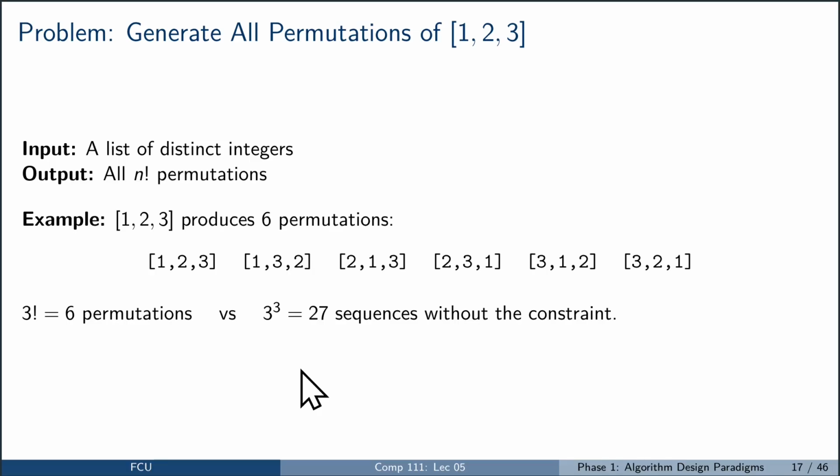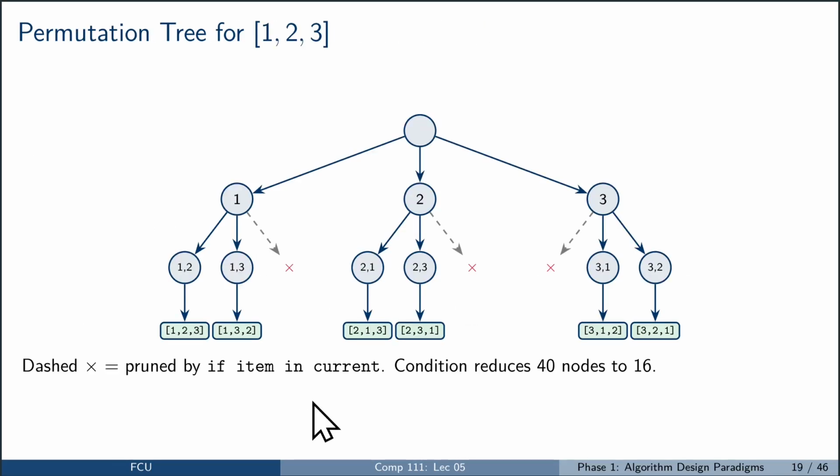So how does that constraint shape the decision tree? That's the question. At the root, we try 1 and 2 and 3. So there are 3 possible choices at the root, because we don't have any permutation at this point. It's just empty. Let's say we choose 1.